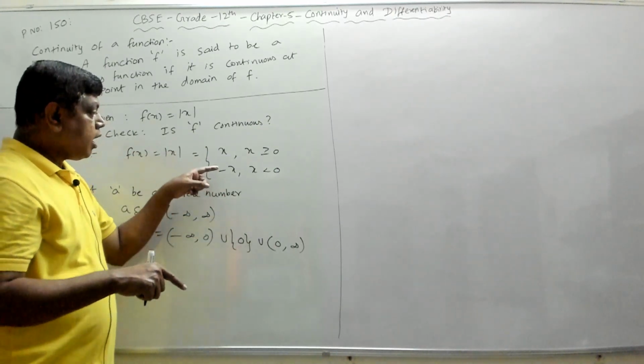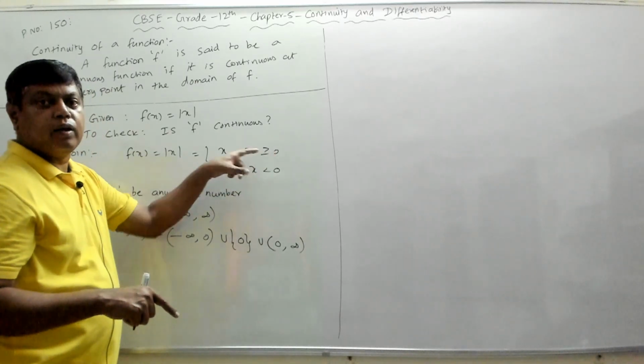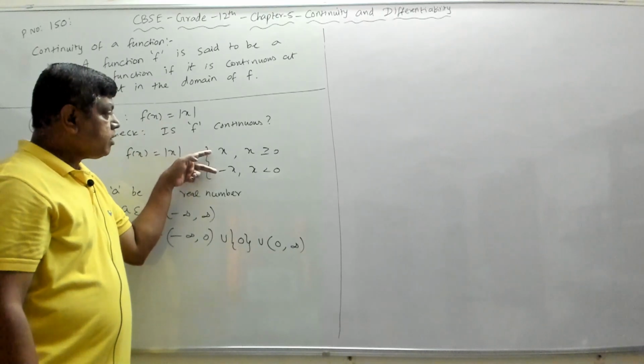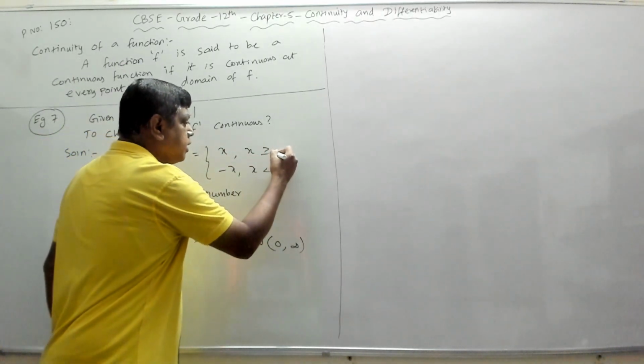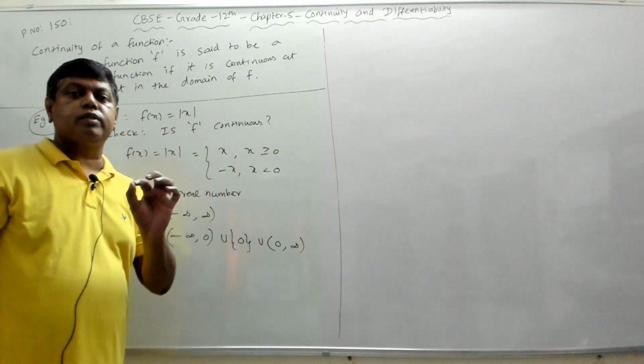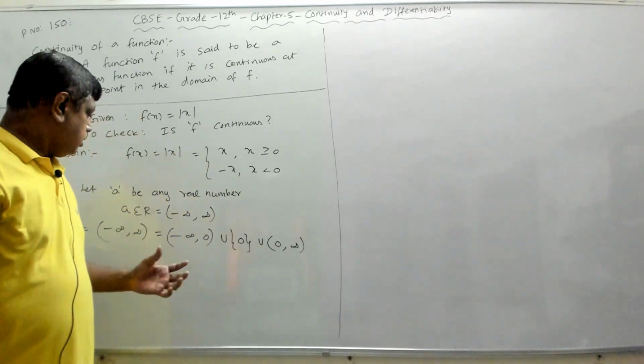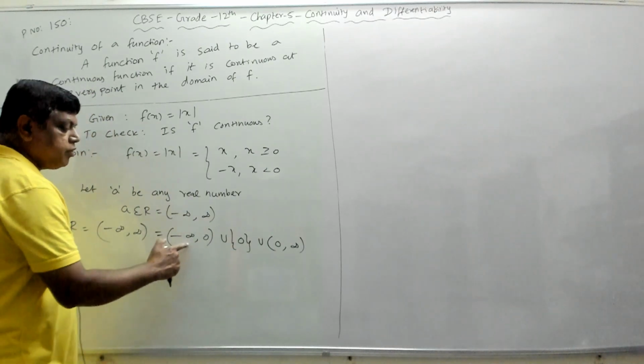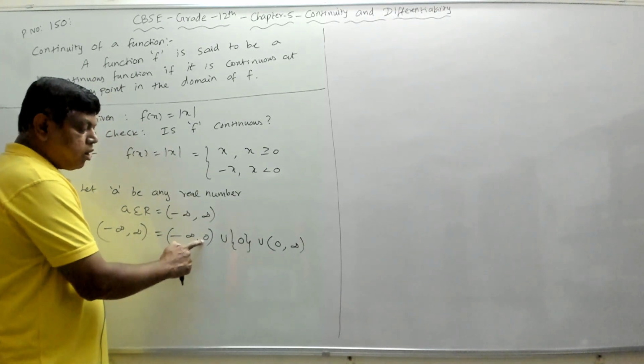Why? Because at the point 0, the function definition is changing. Whenever the function definition is changing at a particular point or set of points, those points we have to check for continuity separately. So this is from minus infinity to 0. Open interval means 0 is not in this set.